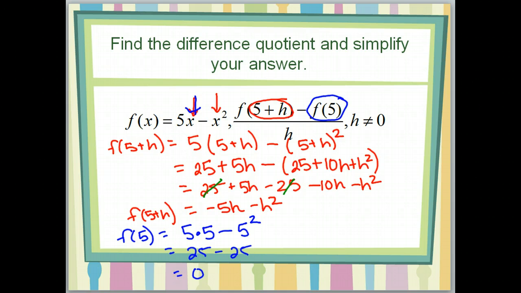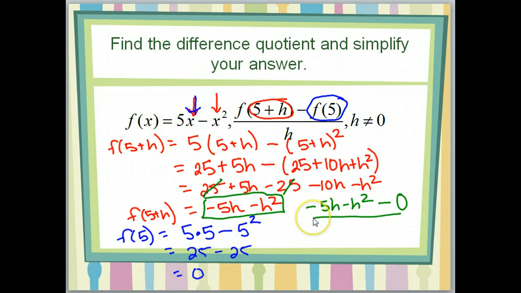So now we can rewrite the problem. F of 5 plus h we know is negative 5h minus h squared. And then we have a minus right there. F of 5 is the 0. The whole thing is over h. We end up with negative 5h minus h squared in the numerator.